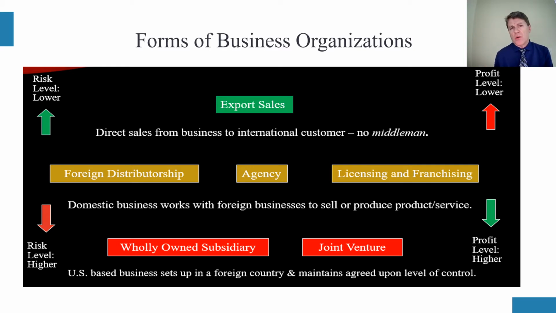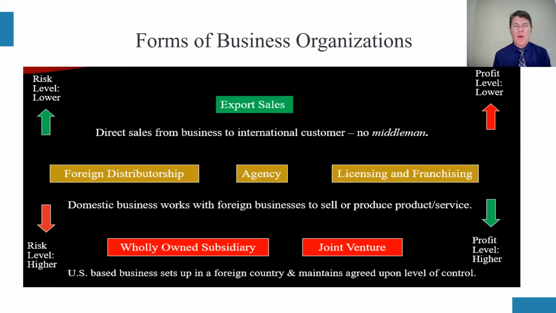Some parts of the world, because of prior experiences with corporations, are a little bit skeptical of other companies coming in, and the concern is exploitation, either of their people or of resources. And so some countries will have requirements for what's called a joint venture.